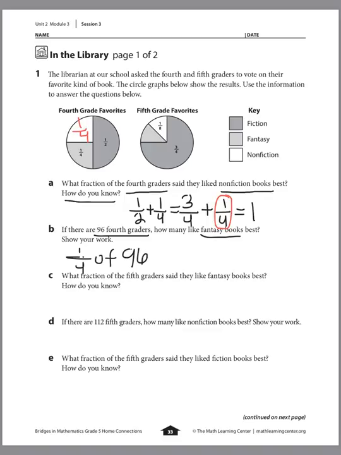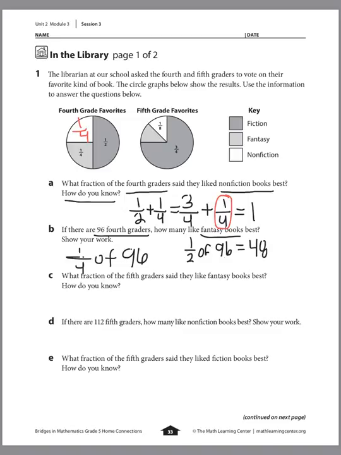1/4 of 96. And so a couple ways you can think of that. I know that half of 96 is, well, half of 90 is 45, 46, 47, 48. Is that correct? 48 plus 48 is 96. Yes, it is. So half of 96 is 48.